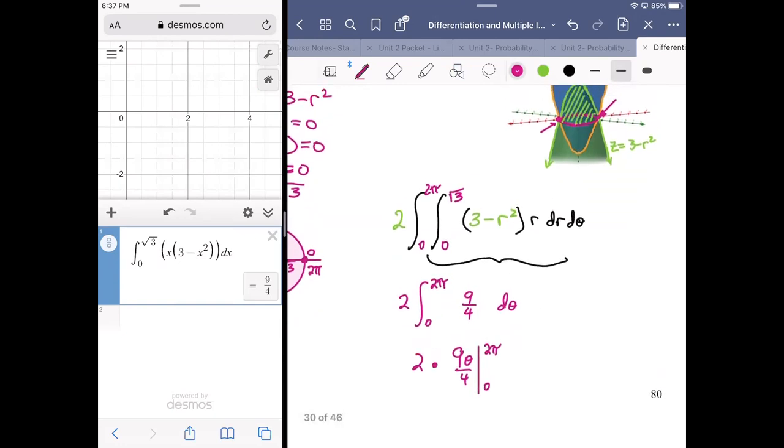We plug in 0, plug in 2 pi, and I get 18 pi over 4, which is 9 pi over 2. Multiplied by the 2 on the outside, and we get a result of 9 pi.